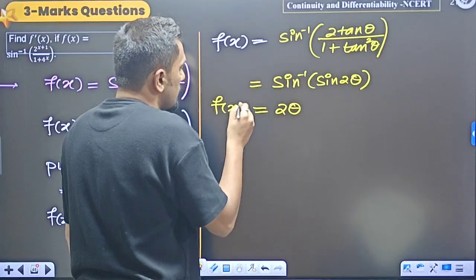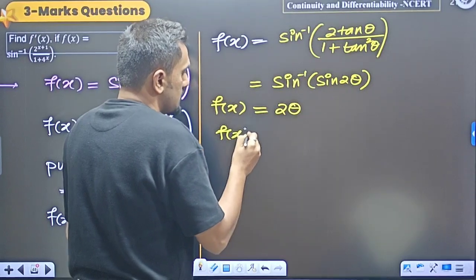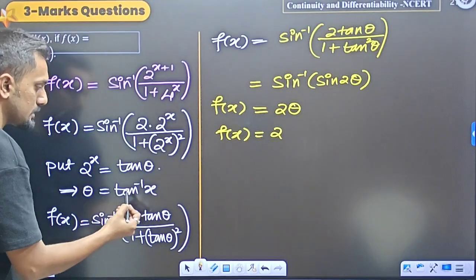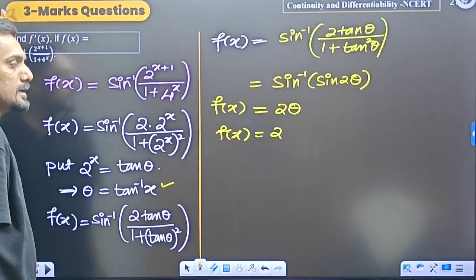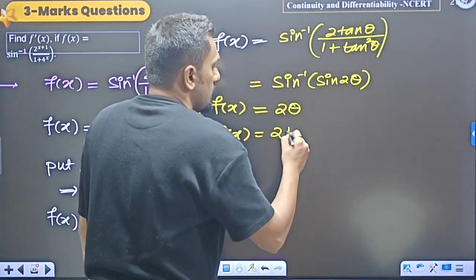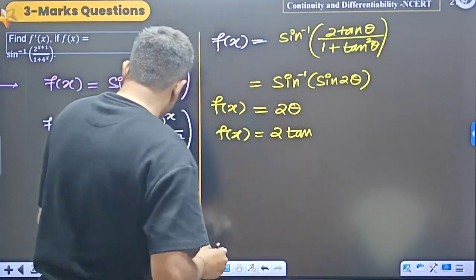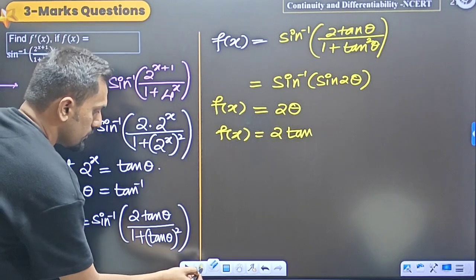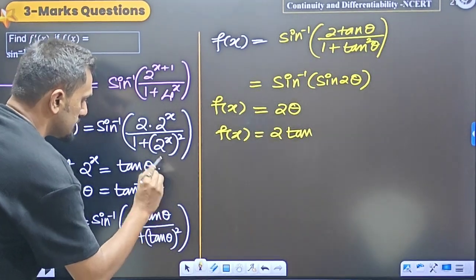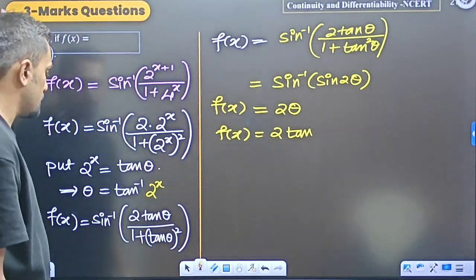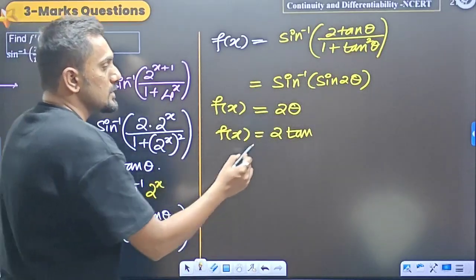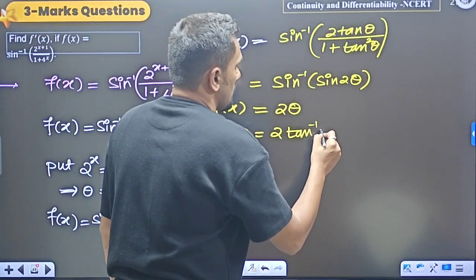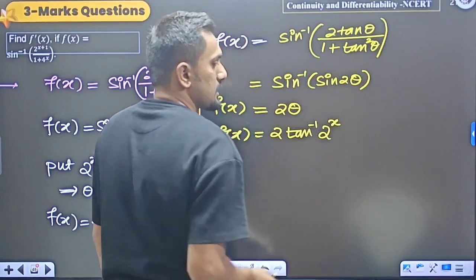So f of x is equal to 2 into theta, and theta is tan inverse of, sorry, not tan inverse of x, tan inverse of 2 raised to x. Make it a small correction. So 2 into tan inverse of 2 raised to the power x.